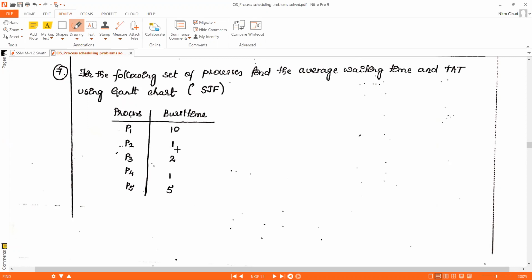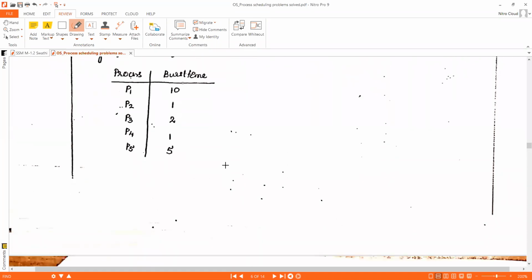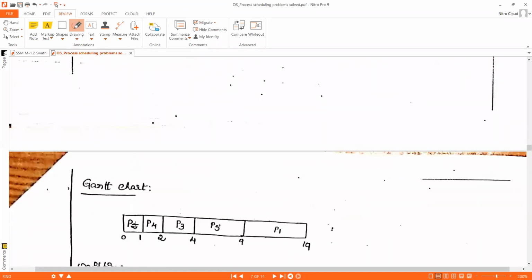Okay, if two processes have the same burst time, we need to follow first come first serve scheduling to break the tie in shortest job first scheduling. So the CPU will first be allotted to process 2.